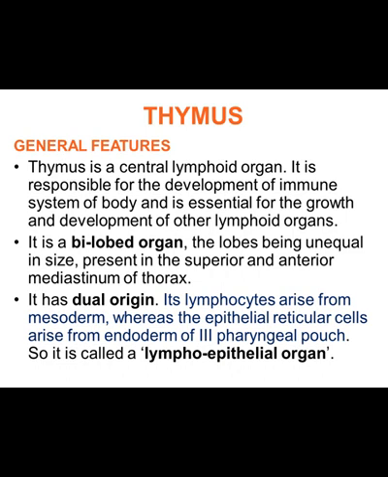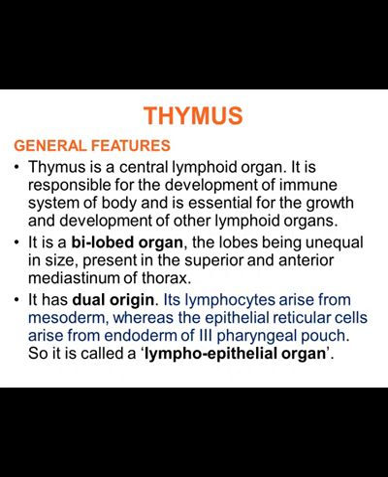Now we come to the thymus, the first lymphoid organ. The general features of the thymus are: it is a central lymphoid organ. It is responsible for development of the immune system of the body and is essential for growth and development of other lymphoid organs. The thymus is a bilobed organ, the lobes being unequal in size.